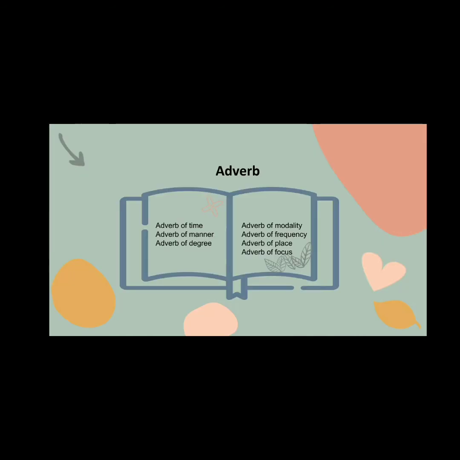Then here is the next part of speech, namely the adverb. Examples are adverb of time, adverb of manner, adverb of degree, adverb of modality, adverb of frequency, adverb of place, adverb of focus.